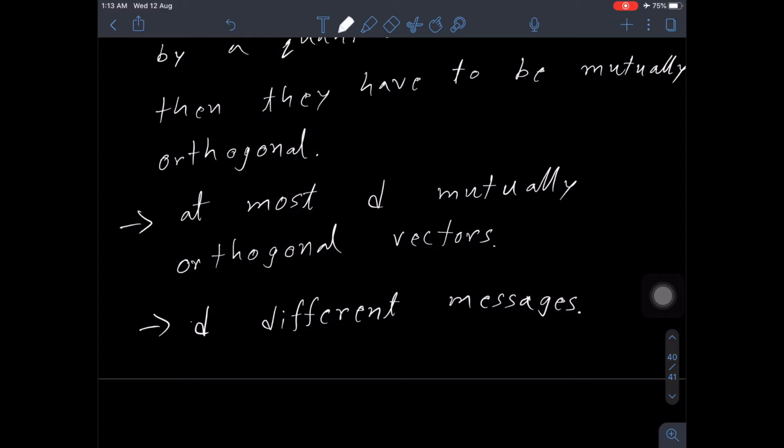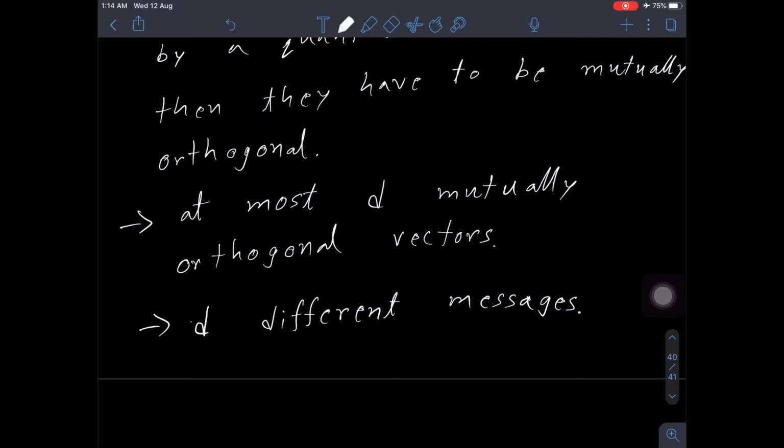So although psi can be in infinitely many superposition states, you can only encode d different messages, because when a piece of information is given by a measurement, whenever you do a measurement you cannot have more than d possible outcomes, because they have to be mutually orthogonal.